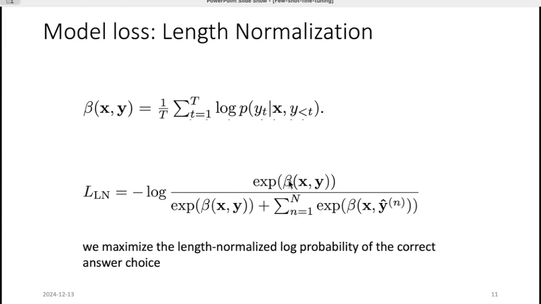So you want to increase the probabilities for the correct sequences while minimizing the incorrect ones. It applies this additional log probability of the correct answer choice by combining the correct and incorrect sequences together.